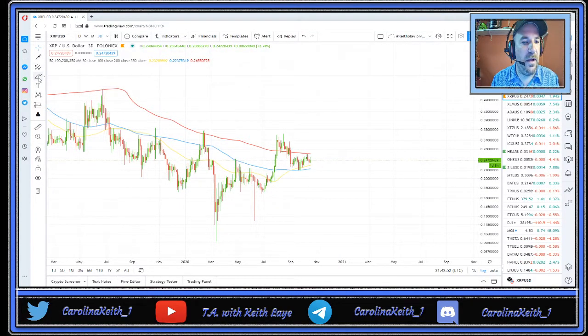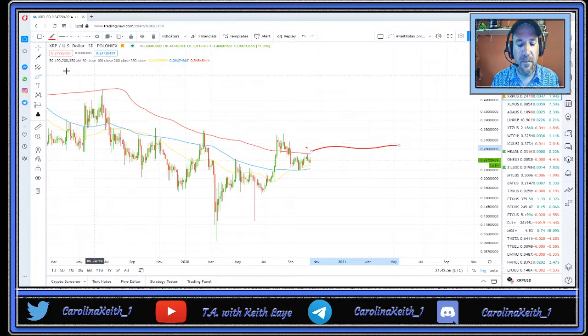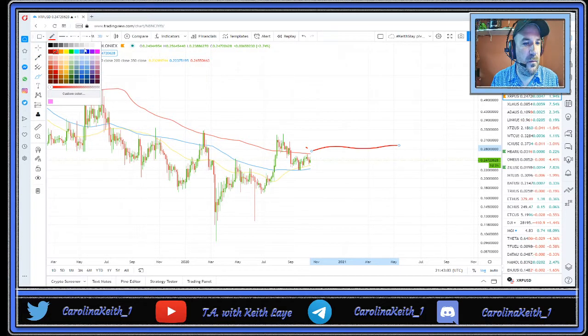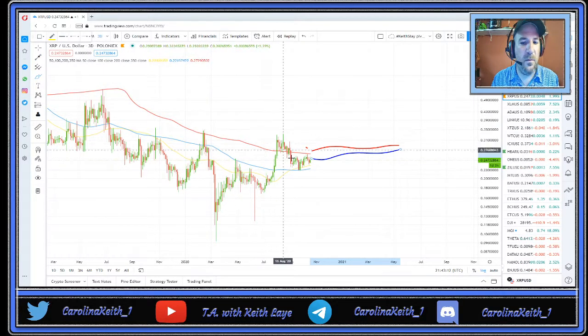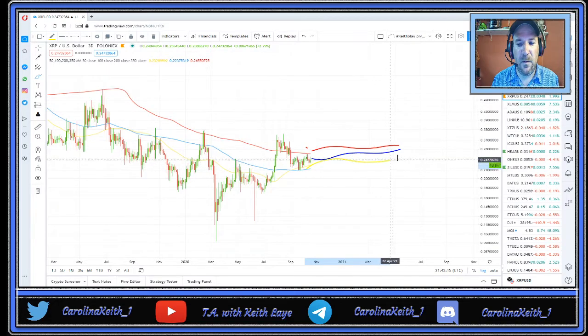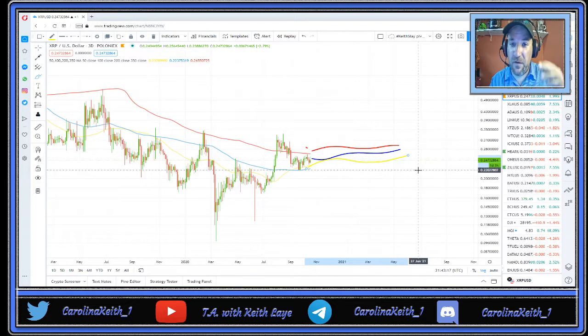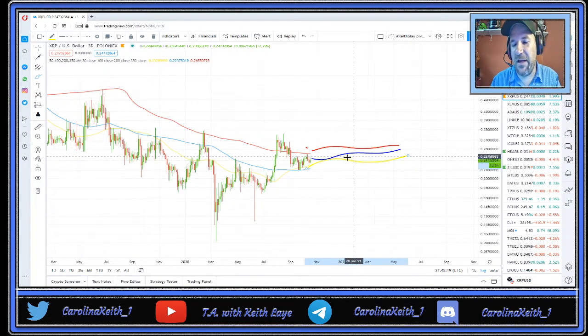So you would have red on top, and then blue in the middle, and then yellow on the bottom. Okay, that's perfectly in order for the good price action that we like to see, okay?